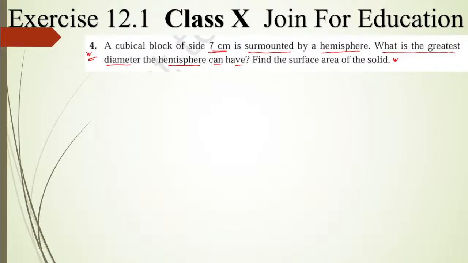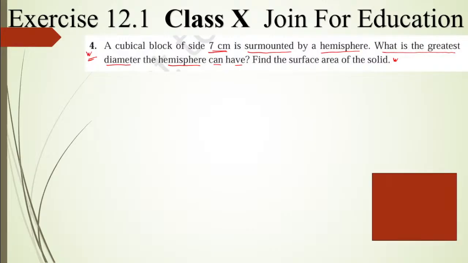Let's see here. So this is the cubical portion, and this is the hemispherical portion, and this is the total height. Suppose the length of the edge of the cube is 7 centimeter.